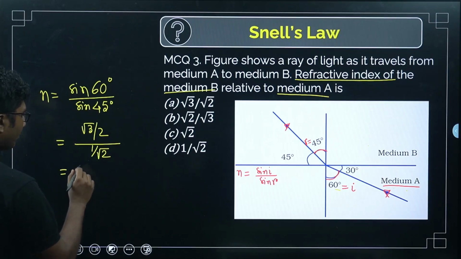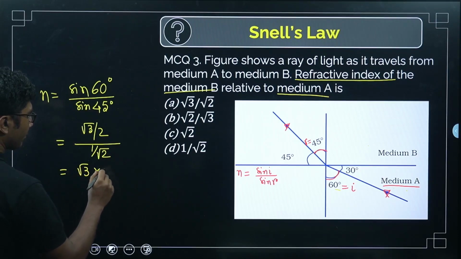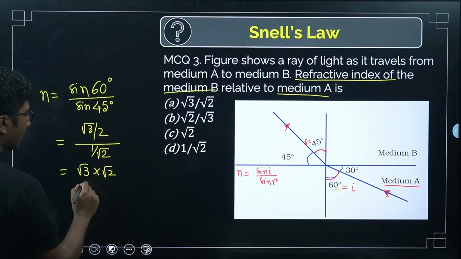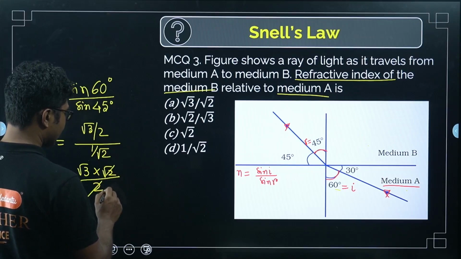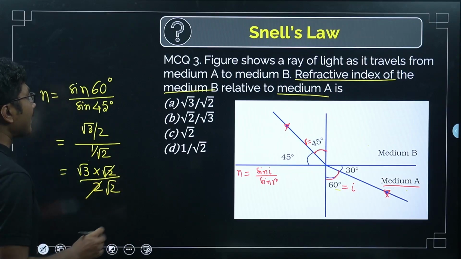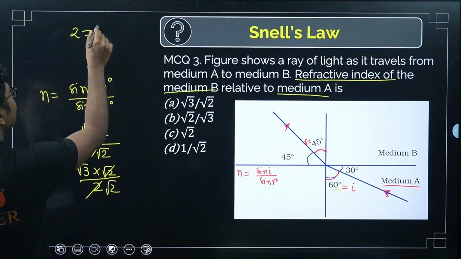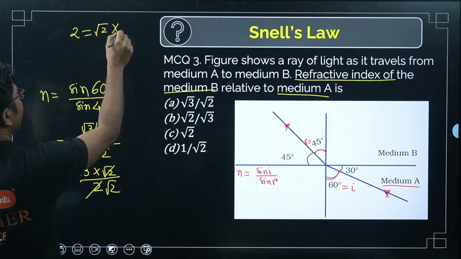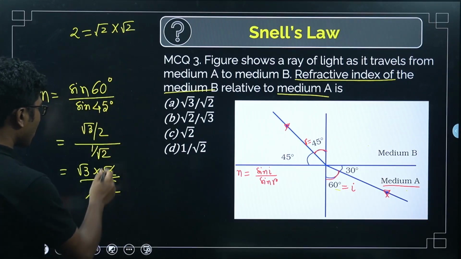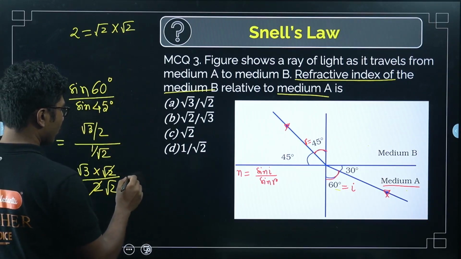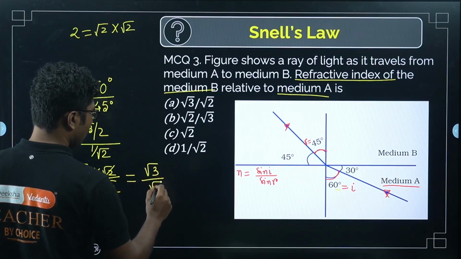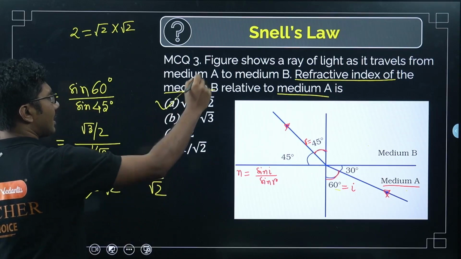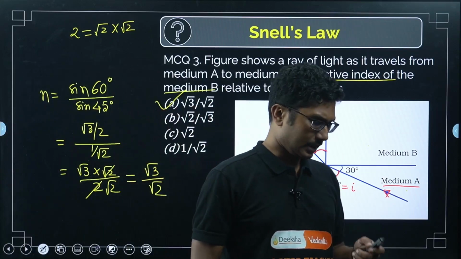It will be root 3 times root 2 by 2. 2 can be written as root 2 times root 2, so one root 2 cancels and another root 2 stays. So the correct answer is root 3 divided by root 2, option A, right?